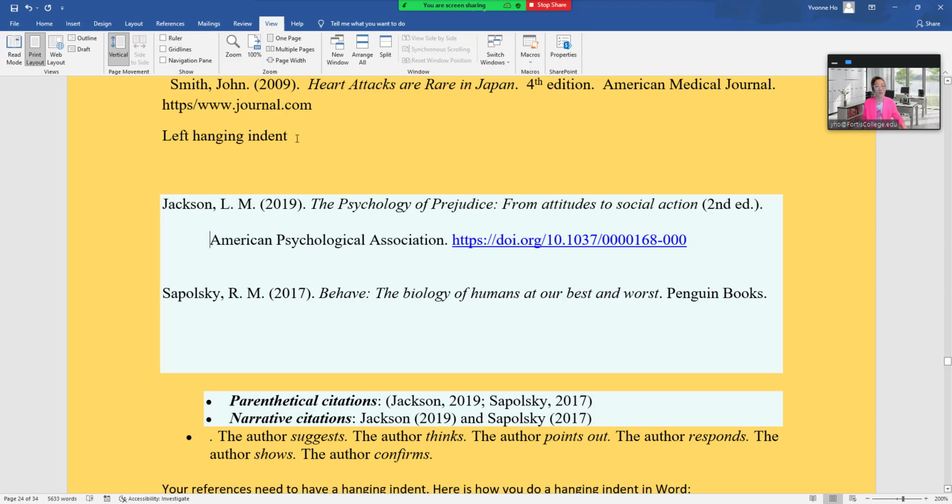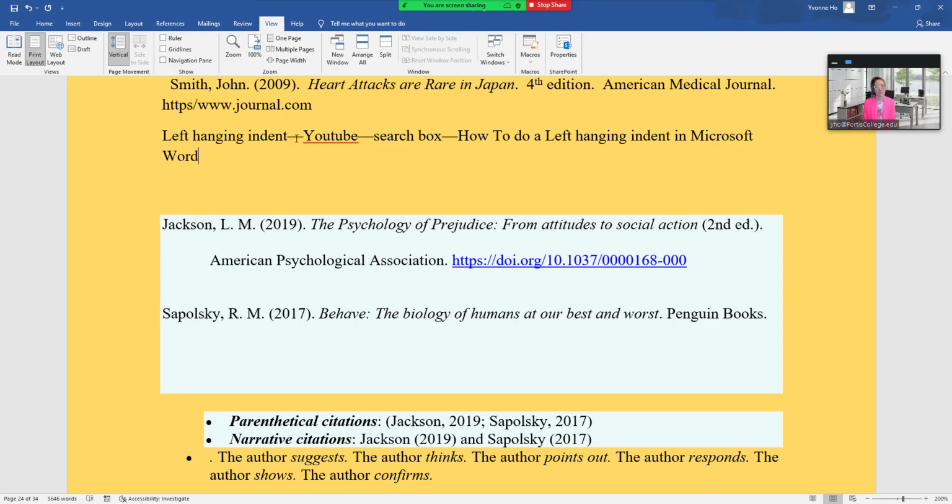So that's what YouTube videos are for. If you go to YouTube and put into the search box, how to do a left hanging indent in Microsoft Word for APA references, there you go.